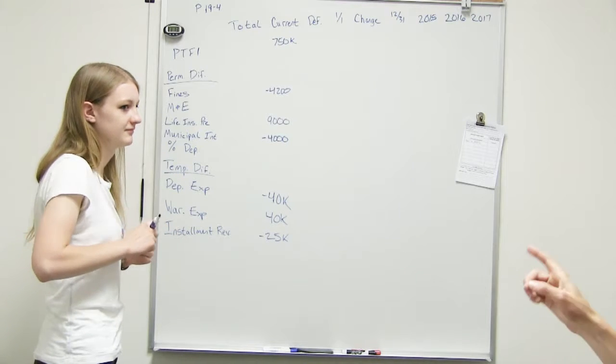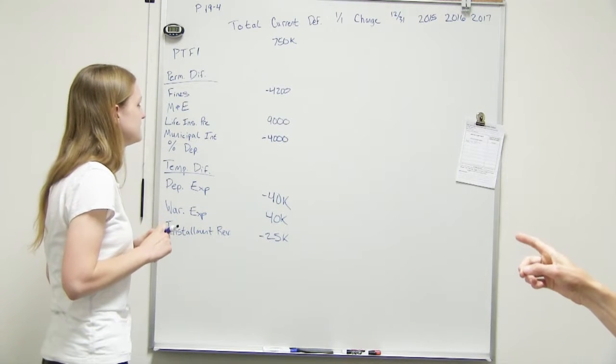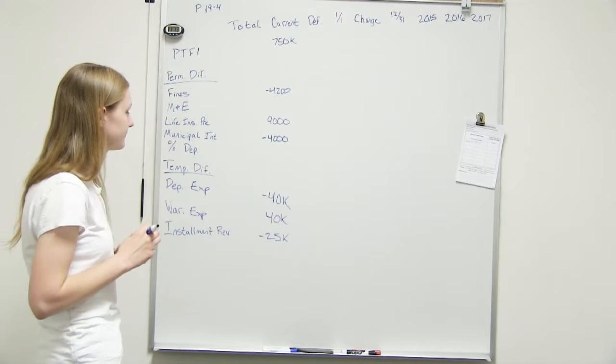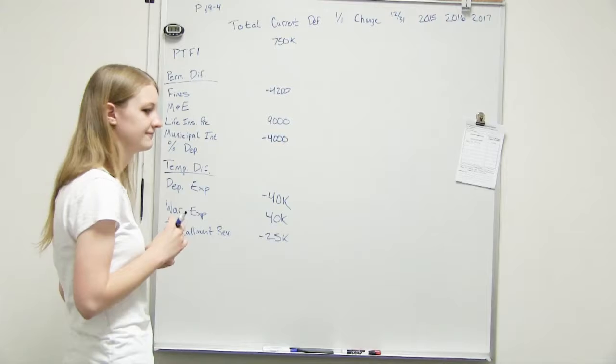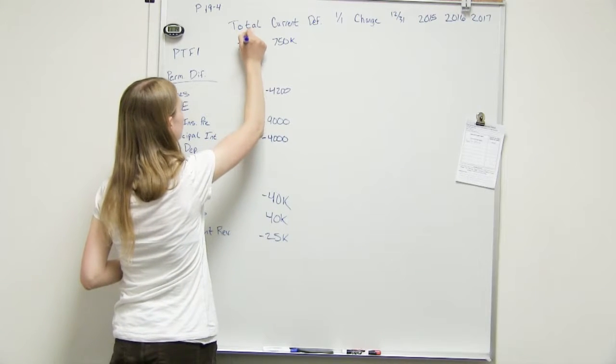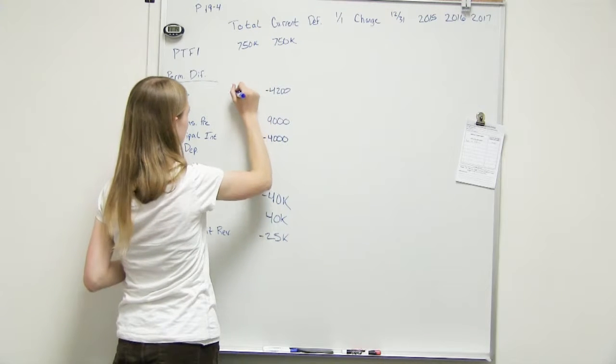I know that for the permanent differences, it's on both sides, so it's just the same numbers, and then on the temporary differences, it's just on the deferred side. Right. So we're gonna have 750.